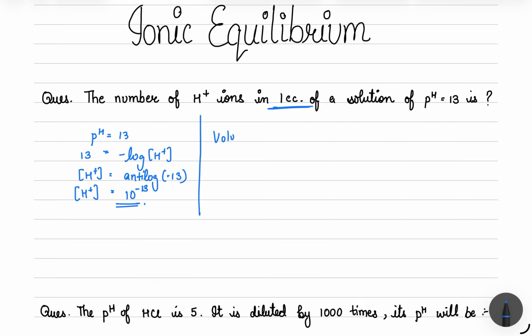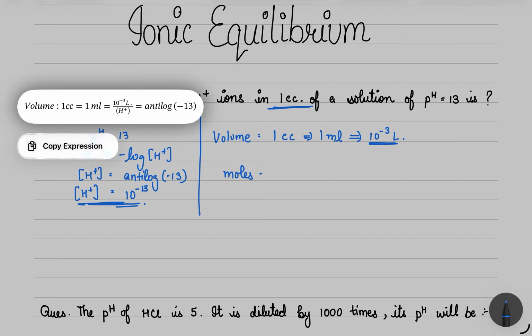Volume, if you will calculate, volume here it is given 1 cc. That means it is given 1 ml. So if we will calculate in liter, that will be 10 raised to power minus 3 liter. Okay, now volume we are having, concentration we are having, we can calculate number of moles.